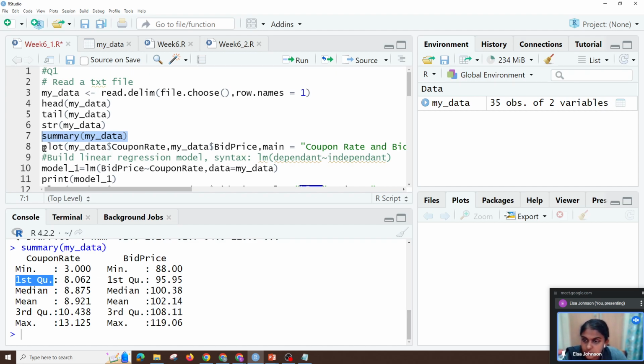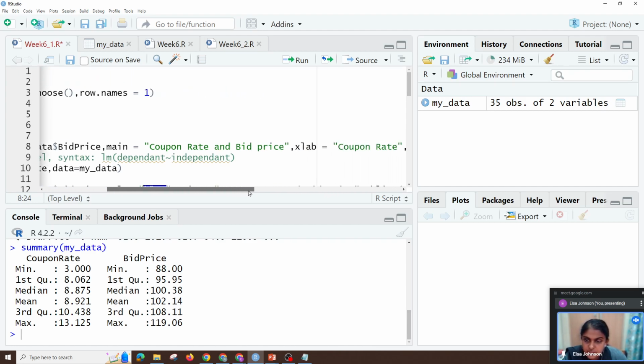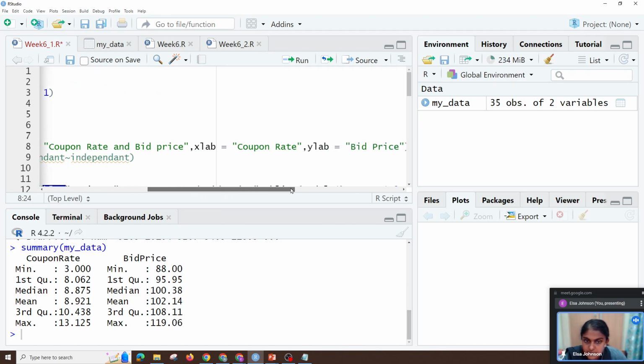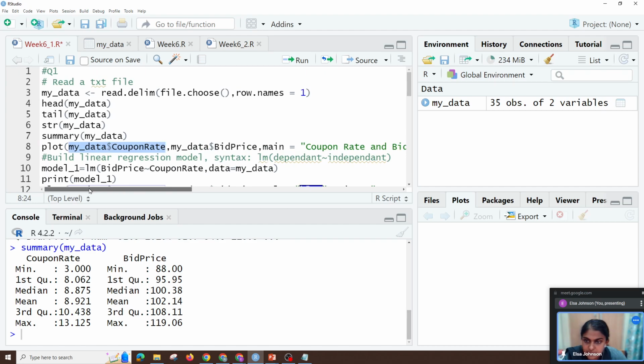And if you want to just plot and see what it looks like, you have to give plot, and the x value can be given like my data dollar coupon rate, then my data dollar bid price. Then if you want to give the title, you give main equal to this, x label coupon rate, and y label bid price.